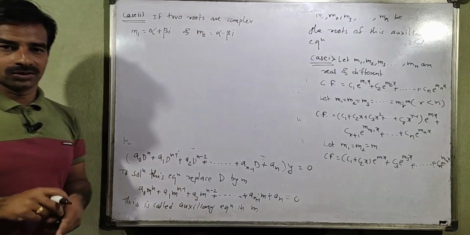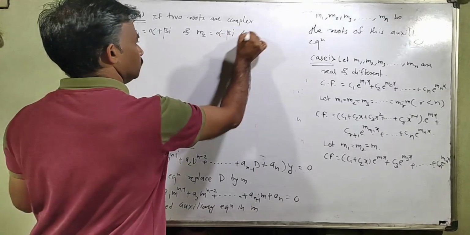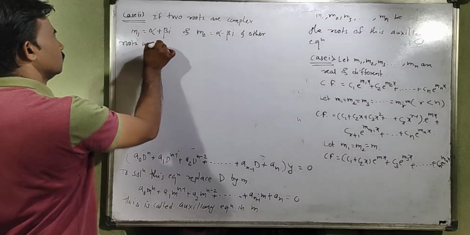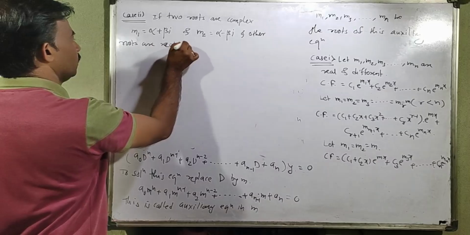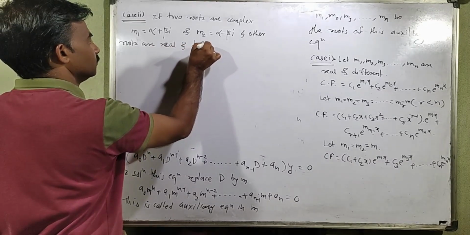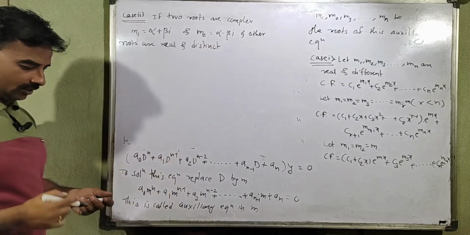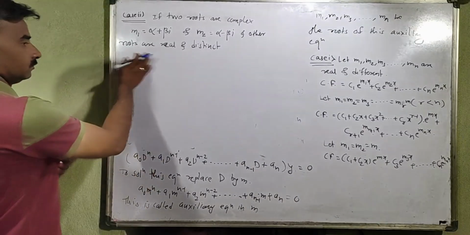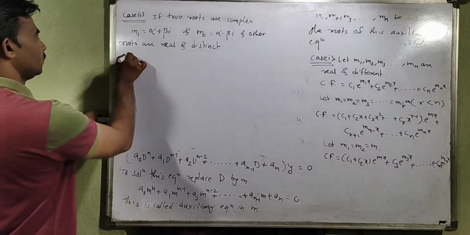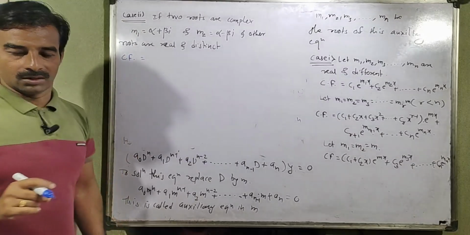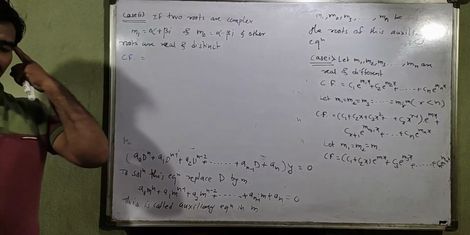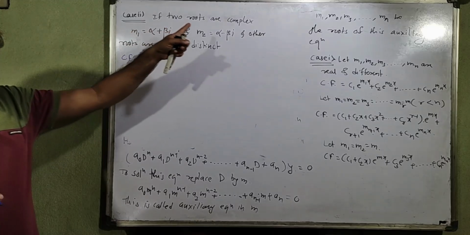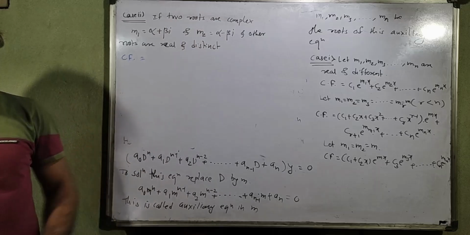These two roots are complex and the other roots are real and distinct, that means different. Then the complementary function is given, where m1 = alpha + beta i and m2 = alpha - beta i.